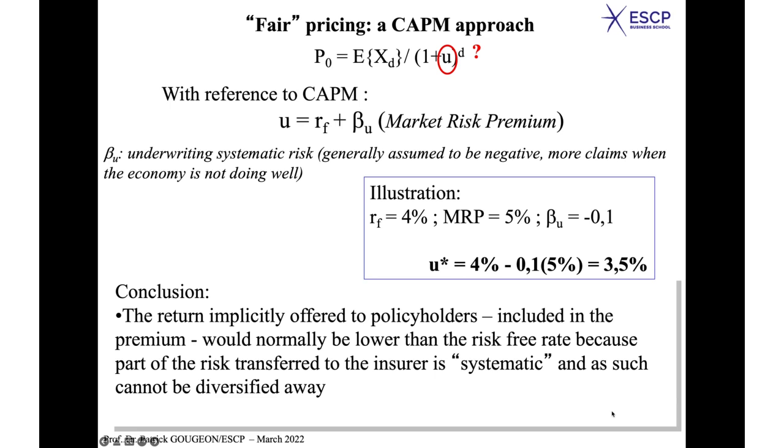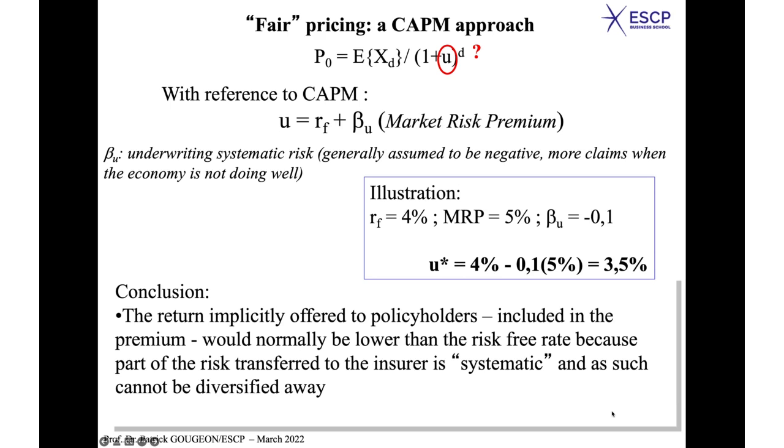Okay, so that's a bit theoretical, because there are some developments to try to apply this rule to insurance pricing, but it's difficult to do for each line of insurance because insurance policies are not traded, and therefore we have no clear market indication to calculate the underwriting beta. But from a pedagogical point of view, I think it was interesting to look at this to understand what might influence the pricing when you take time into consideration.